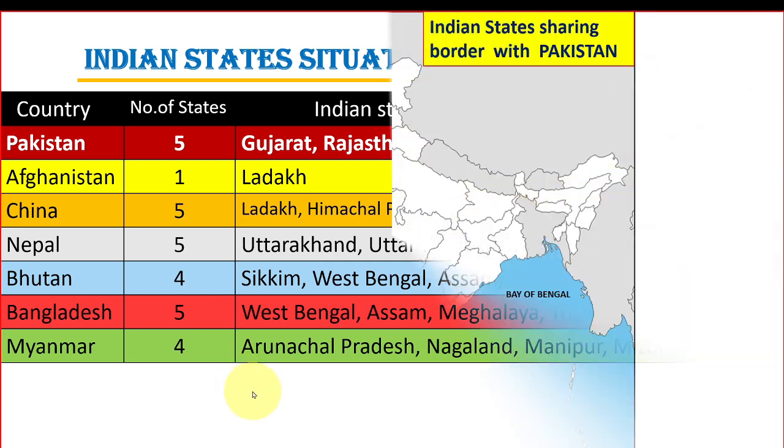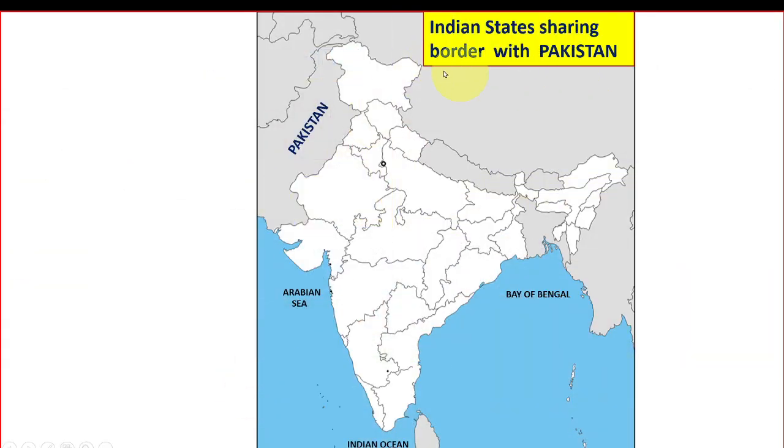Indian states sharing border with Pakistan. What are the states we have to see? This is Pakistan. This is Gujarat. Second is Rajasthan, which shares border with Pakistan. Third is Punjab.